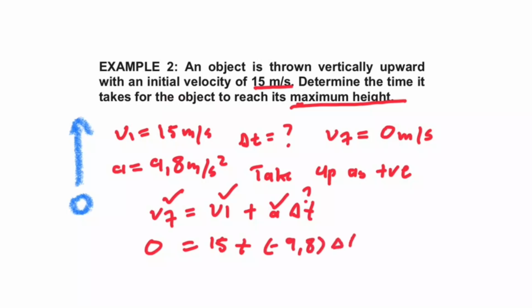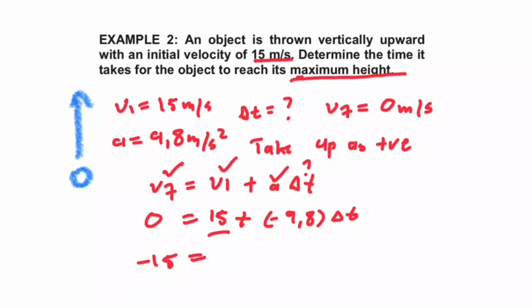Delta t is what we're interested in. We'll take 15 to the left hand side. If we do that, we're going to get minus 15 equals minus 9.8 times the change in time. If I divide both sides by minus 9.8, I have delta t.